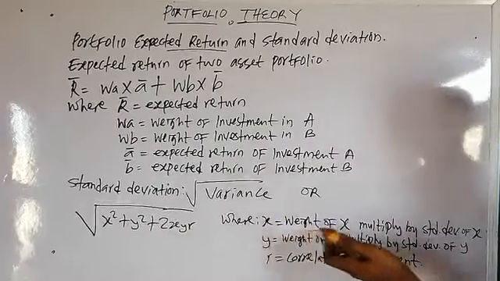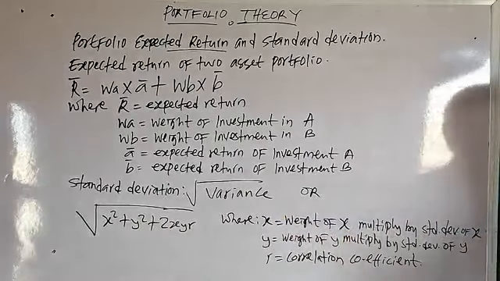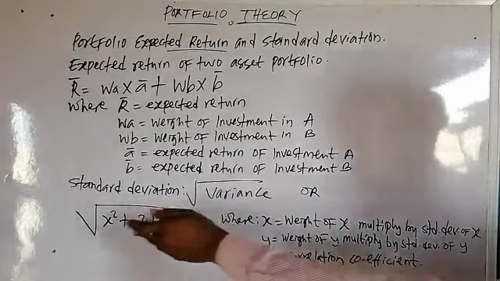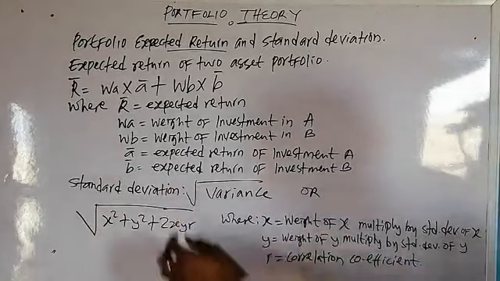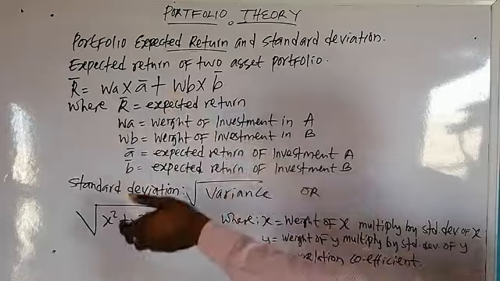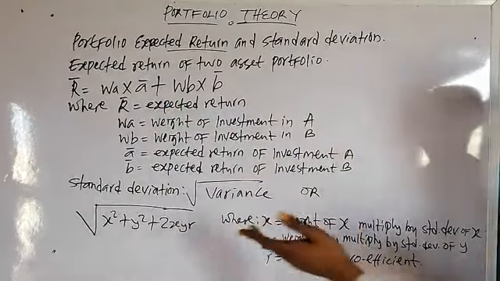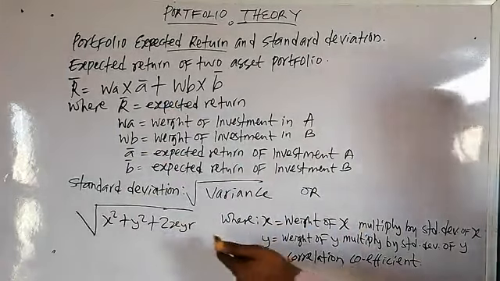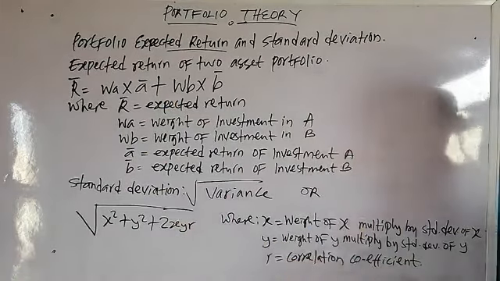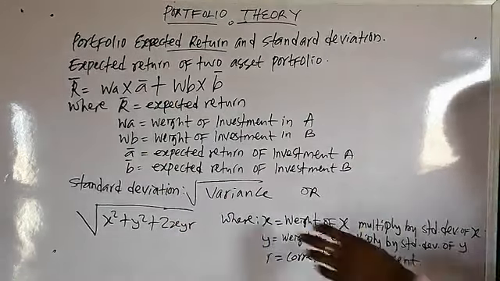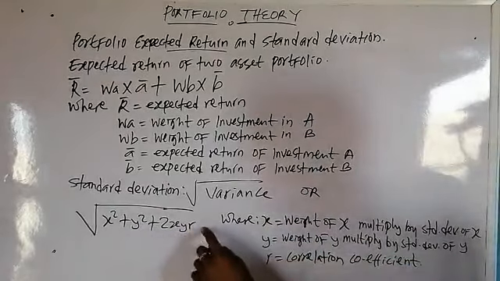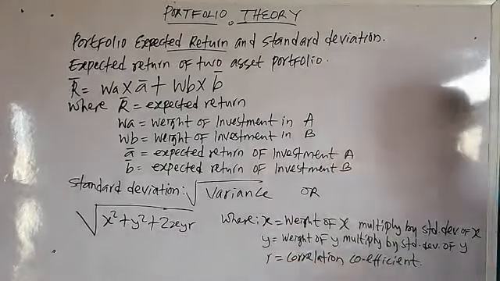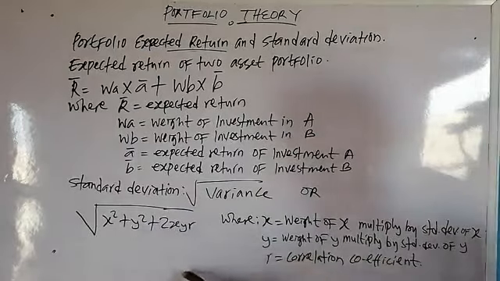So X is equal to the weight of X multiplied by the standard deviation of X. We know the weight of X, and you know the standard deviation from what you have computed here. Likewise for Y, the weight of Y multiplied by the standard deviation of Y. R is the correlation coefficient. You use this formula where you are given the correlation coefficient.